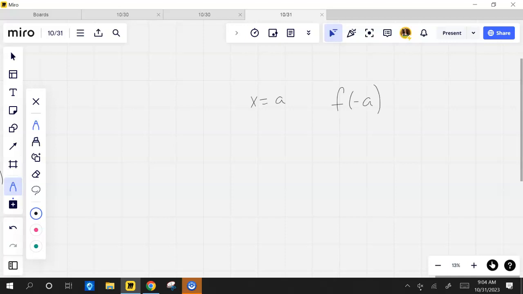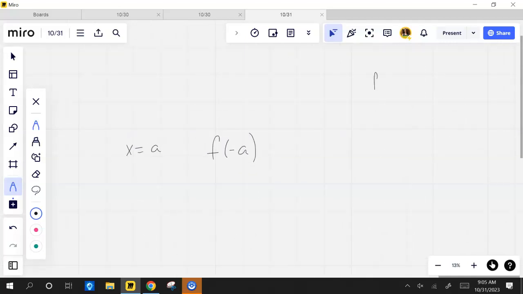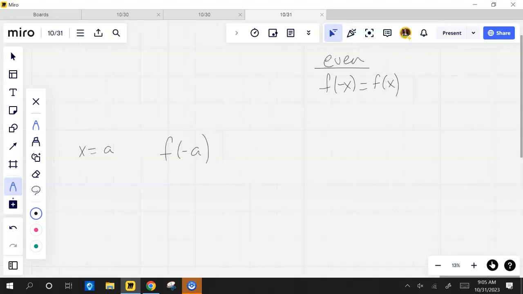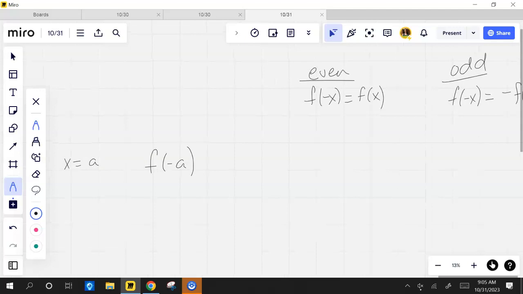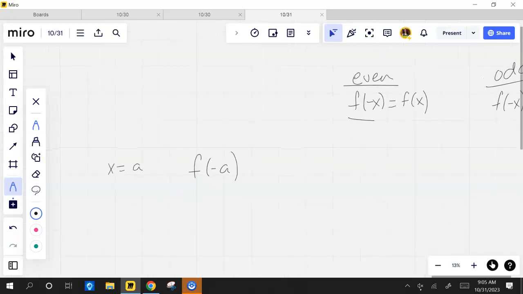Remember whenever we had those times where I said, justify algebraically that it's even or odd. And we said for even, if you plug a negative x in, you get the original function back out. But for odd, everything changes. So remember, odd was everything opposite. So even means even though I plug in a negative a, I'm still going to get the same thing I get whenever I plug in a regular a. That's what it means to be even.